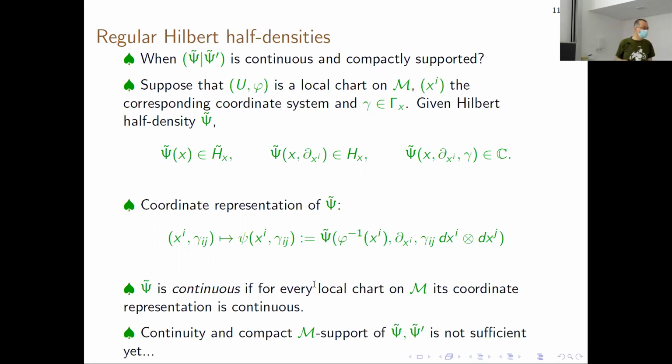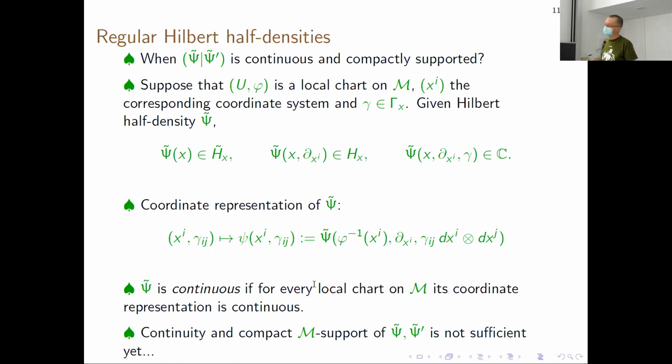But this is not the end of the story, because the continuity and compact support of these half densities is not sufficient yet for our goal, which is formulated here. So some other requirements have to be imposed on this half density.